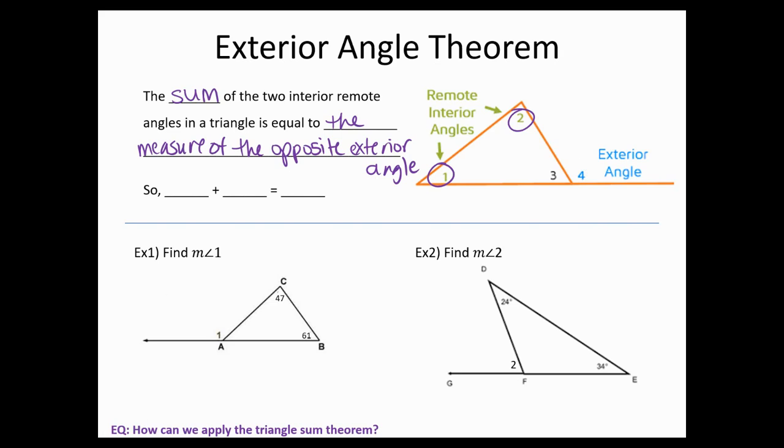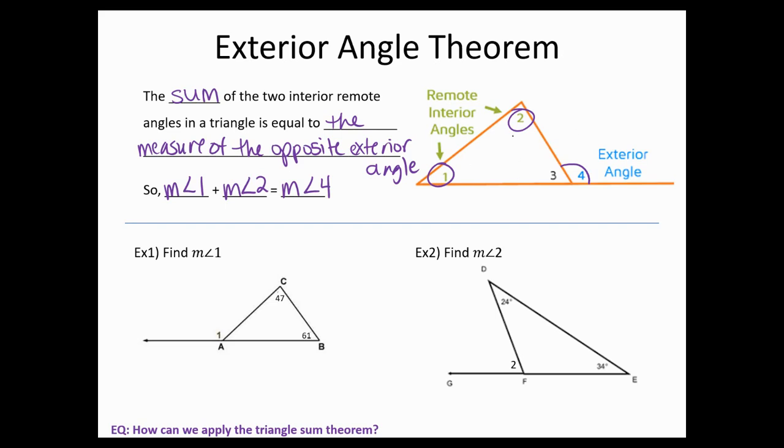So if I take the 2 angles that are far away within my triangle and add them up, it's going to equal that outside angle that creates a straight angle with the other triangle angle. So essentially, the measure of angle 1 plus the measure of angle 2 equals the measure of angle 4.